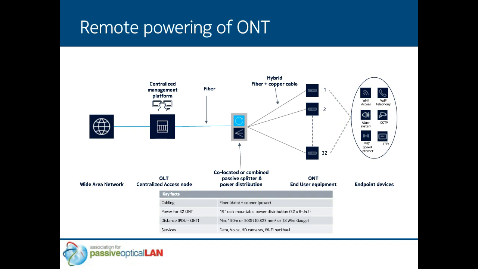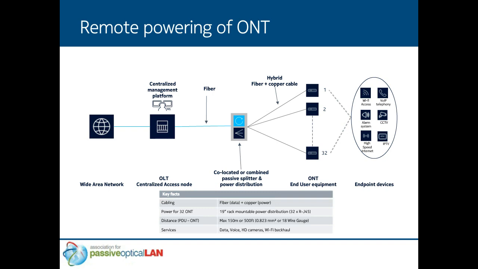So the power distribution unit is a 1 unit high, 19-inch rack mountable device with 32 ports, providing 48 volts DC towards the ONTs. It's co-located with the passive splitters, and you also have a variant which combines the two devices into a single box.